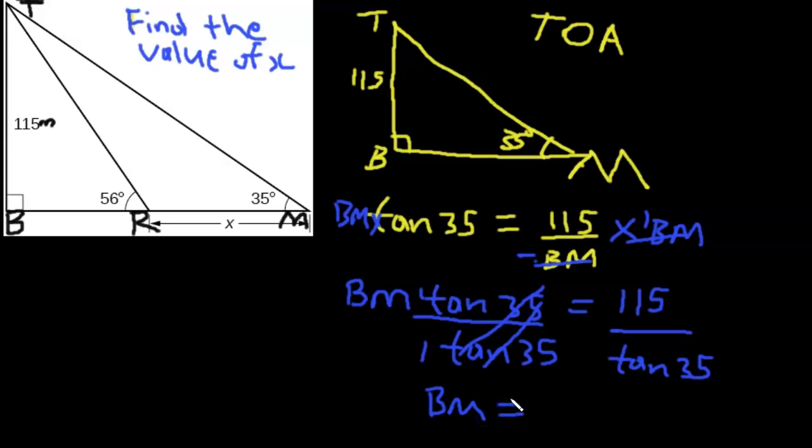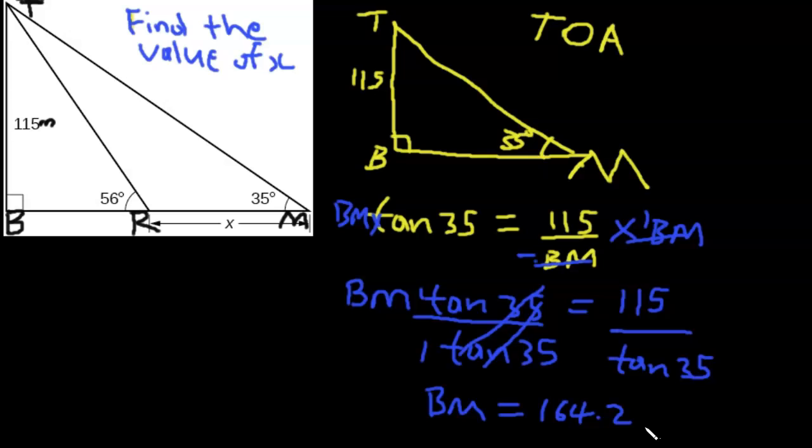Let me just get my calculator out. So 115 divided by tan 35, and then we're getting 164.2.